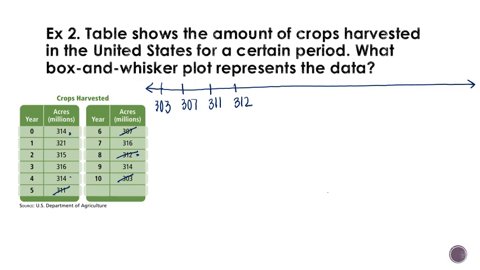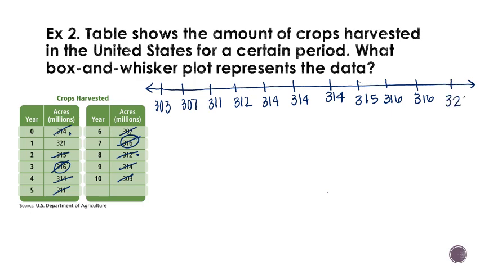Okay, so I don't have a 313, so 314 comes up next, and we have to write that down 3 times because there's 3 of them. Then we have 315, and then we have 316 twice. And then we have finally 321.